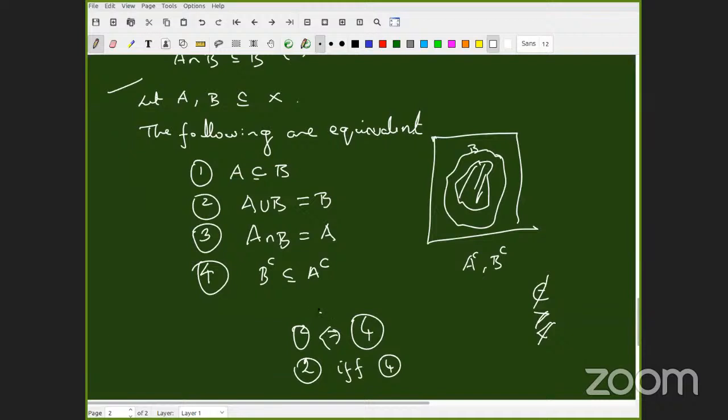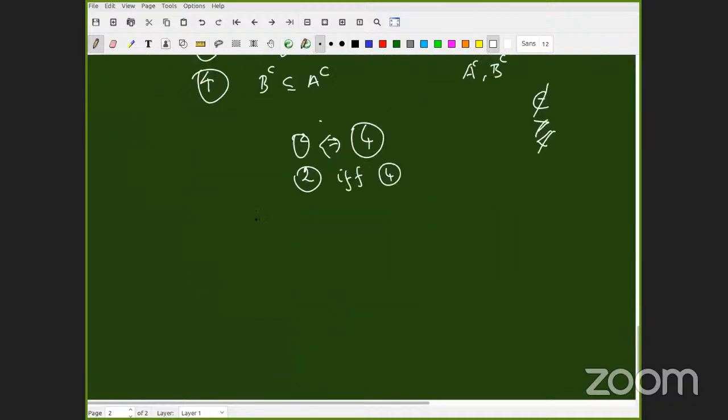Suppose I have a statement like this: A if and only if B. By that, what do I mean? A is the hypothesis. Both the ways are true. If A, then B is true. If B, then A is true. Here, A is hypothesis, B is conclusion.